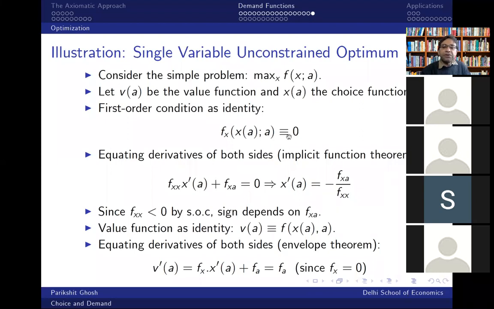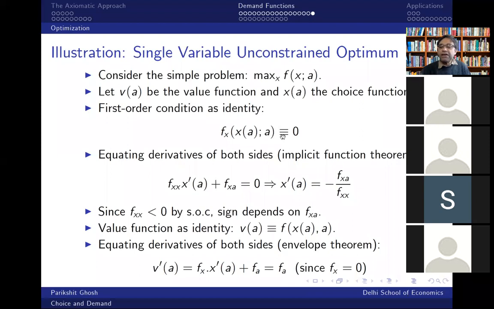So for every value of the parameter a, say rainfall, this equality is maintained. It's an identity, and that's the reason we can equate the derivatives of the two sides. In the implicit function theorem, the proof that I skipped utilizes exactly this trick.